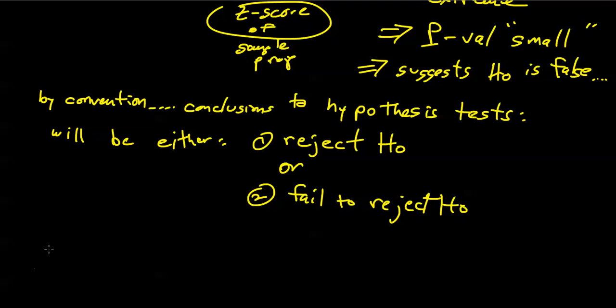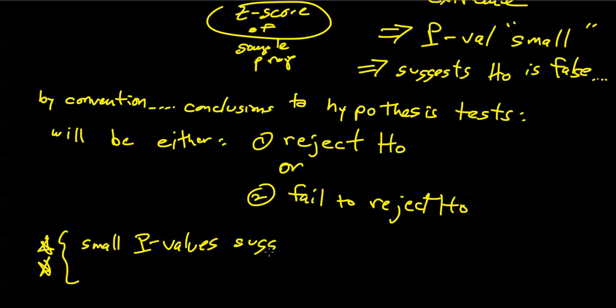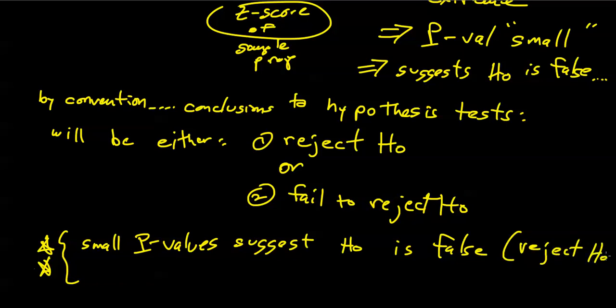All right. Again, and kind of a rule of thumb here, I'll write it down like this. Small p-values suggest H0 is false. And in that case, we will reject H0.